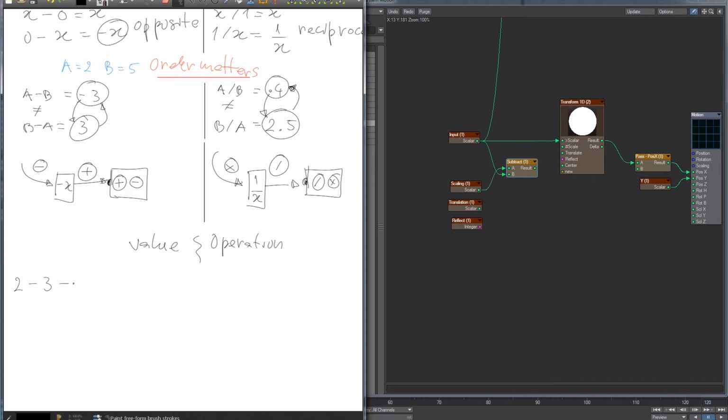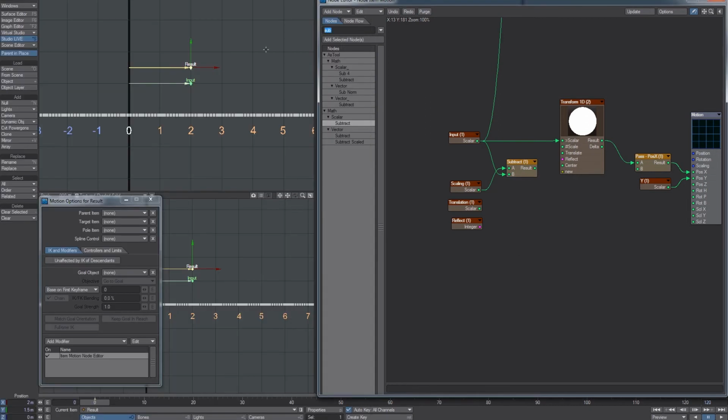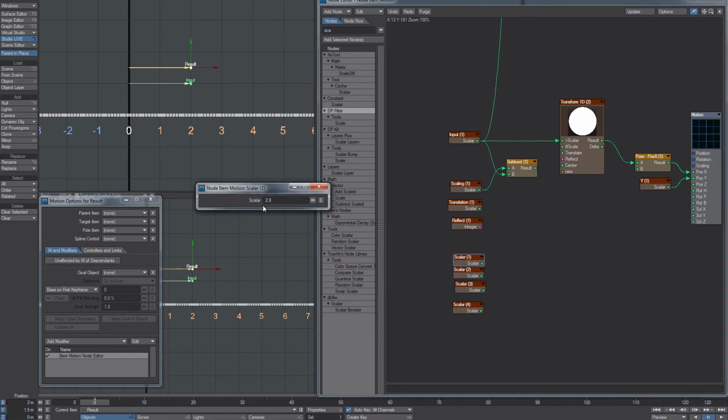Let's say that I do 2 minus 3 plus 4 minus 5, and on this side I do 2 divided by 3 times 4 divided by 5. Okay, so I cannot swap 2 and 3, and I cannot swap 3 and 4, for example. It will not give me the same output. And I can check that by building that in nodes just to grasp it. So I'm going to put these in order here, and I'm going to assign the correct values.